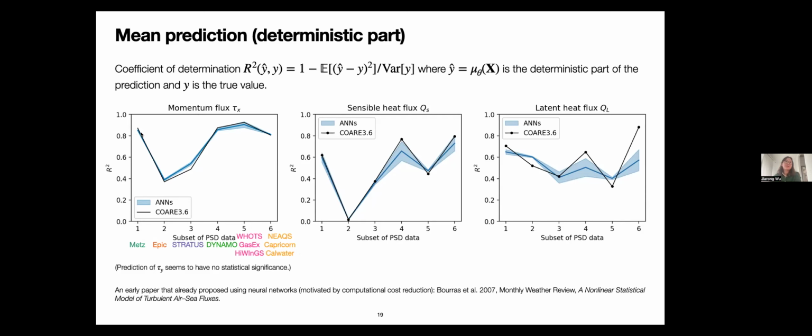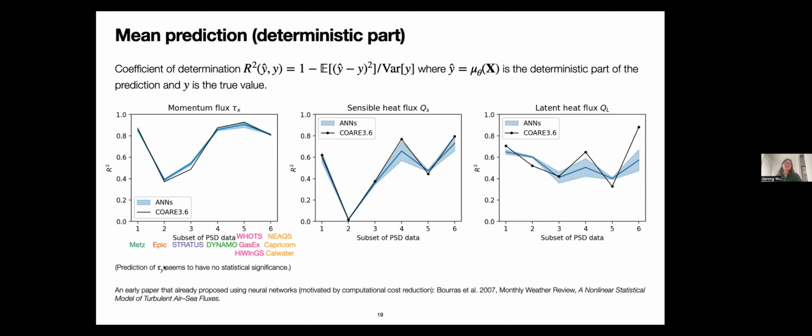I should explain that there is a little bit of spread in the ANN performance because I trained one neural net on each of these held-out subsets. So I have 6 neural nets, and I'm taking the mean and the spread of these. But actually, the spread is relatively small.